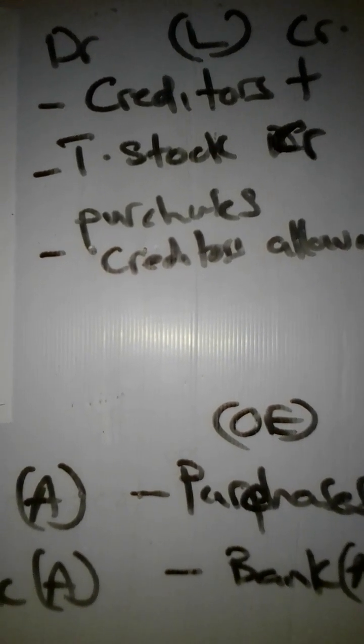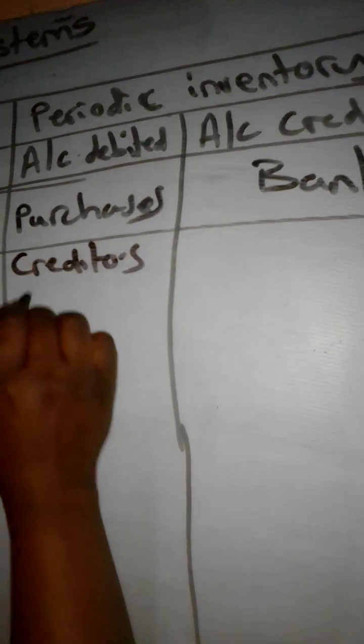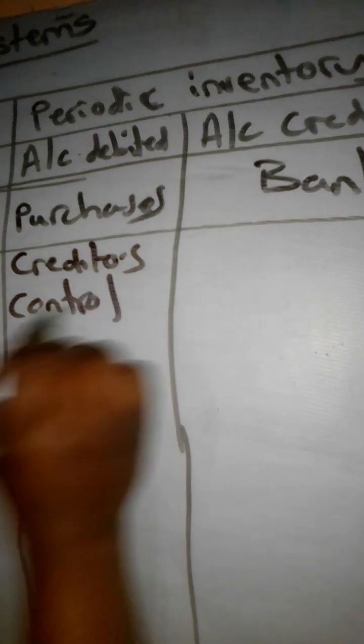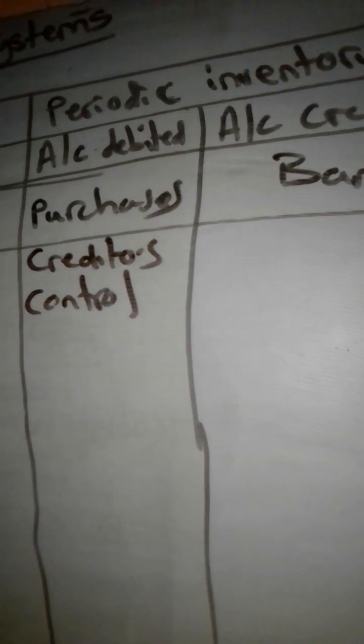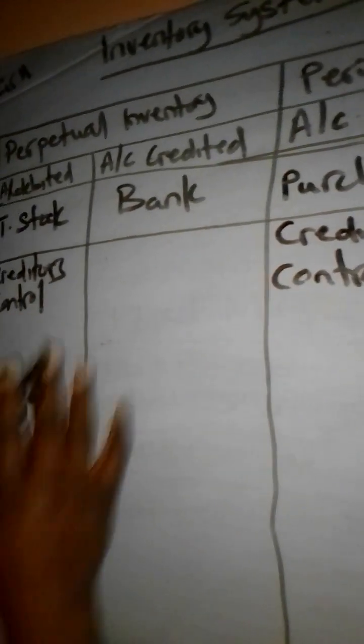Okay, let's go back to our template and indicate. So on both sides, we are going to debit creditors control, even here on the periodic, creditors control. And then what is it that we are supposed to credit? Remember, returns will decrease the stock that we have.